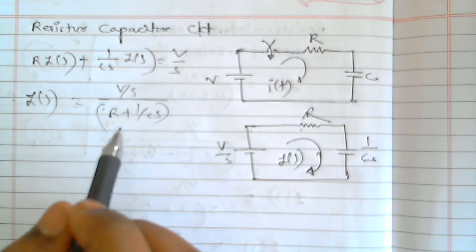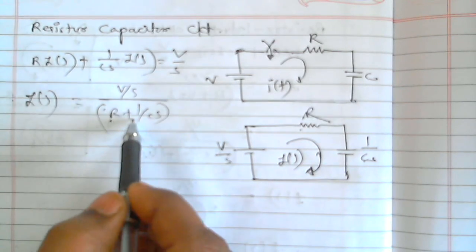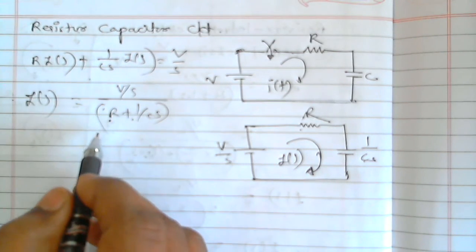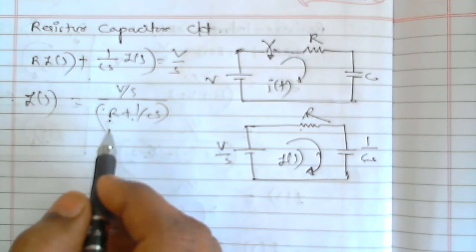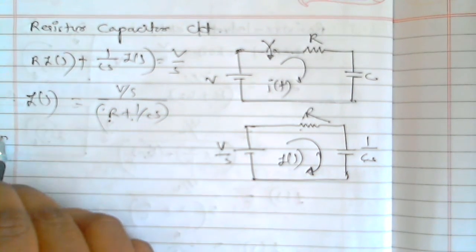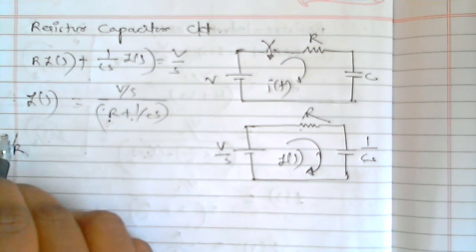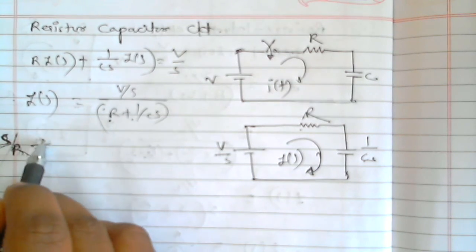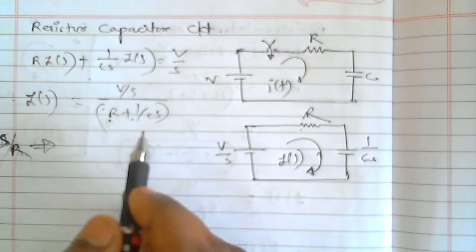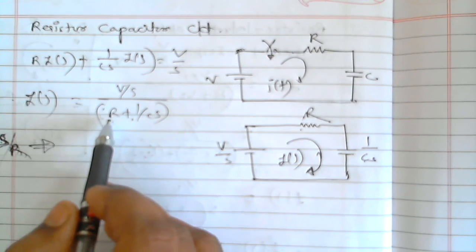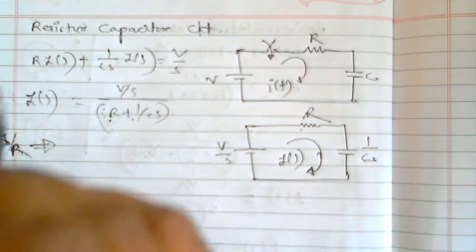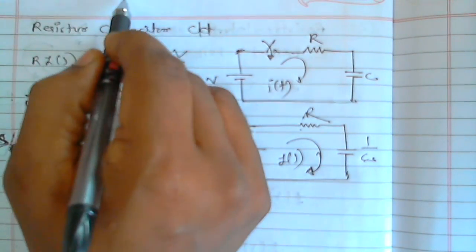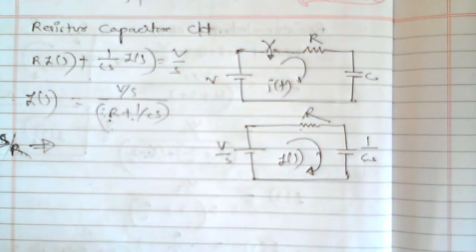Okay, so we need it in the format of a constant upon S plus something for the Laplace. So what can we do? Multiply each term by S by R. You should find this on your own. Why am I multiplying by S by R? When I multiply, S by R will cancel and only S will be there. I want the equation in the form of some constant divided by S plus something.